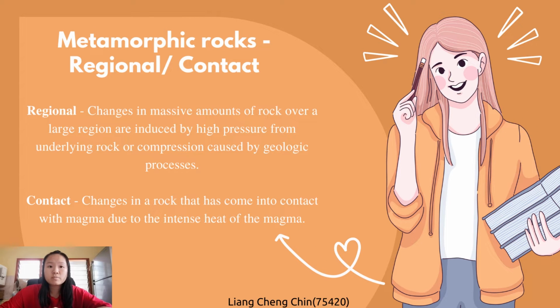For contact metamorphism, it changes a rock that has come into contact with magma due to the intense heat of the magma. Most foliated metamorphic rocks, such as slate, phyllite, schist, and gneiss, are formed during regional metamorphism.